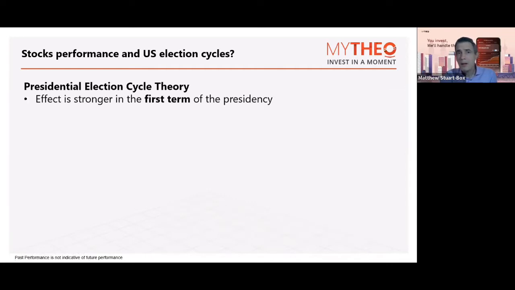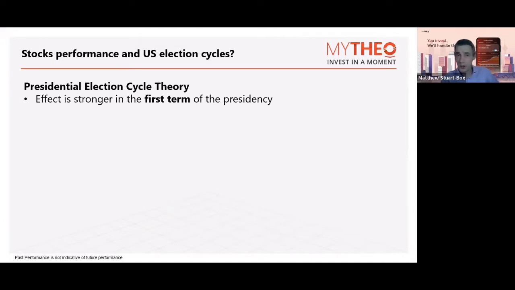The other thing you can think about is, obviously, with the US presidency, you can have a first term, first 4 years, and then a second 4 years if the president is re-elected. So you can look at whether this pattern is visible in the first term of a presidency or the second term. And what the data shows is this tends to be stronger in the first term of the presidency.